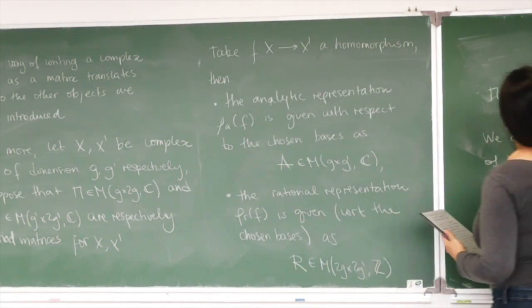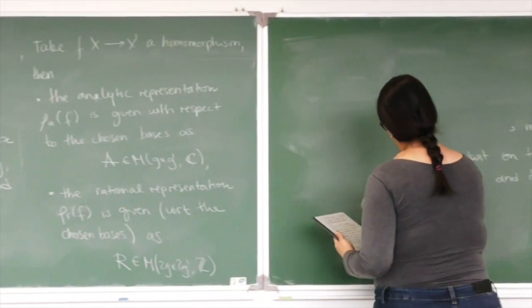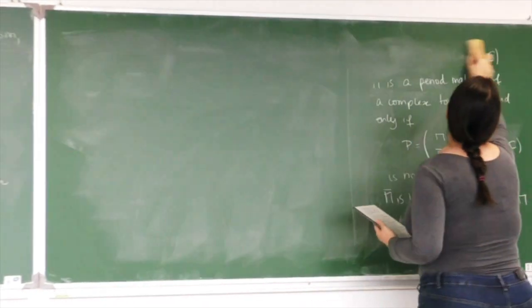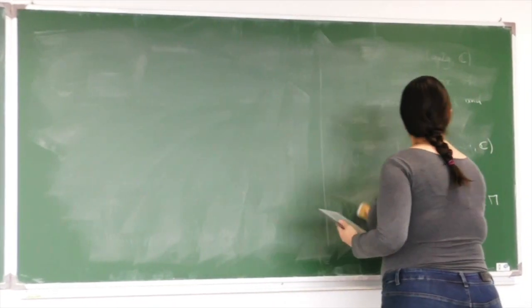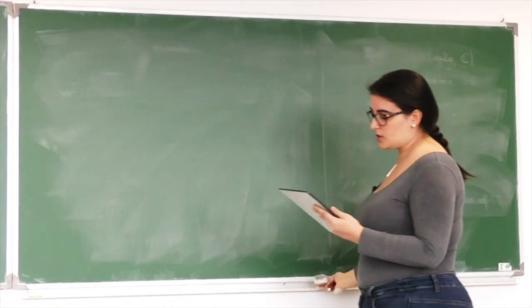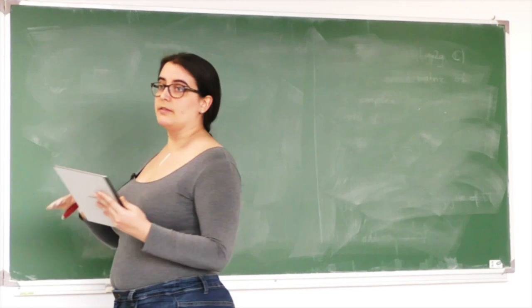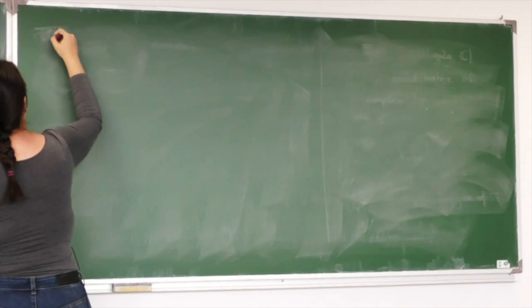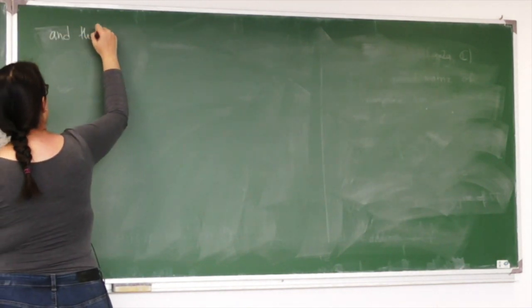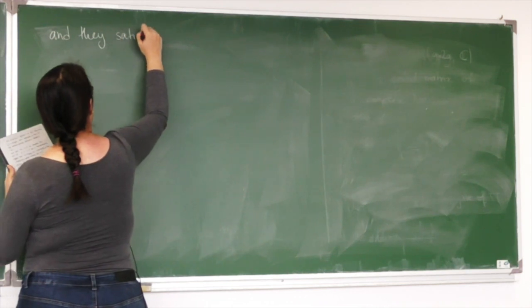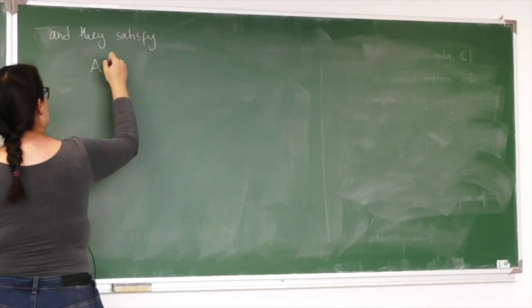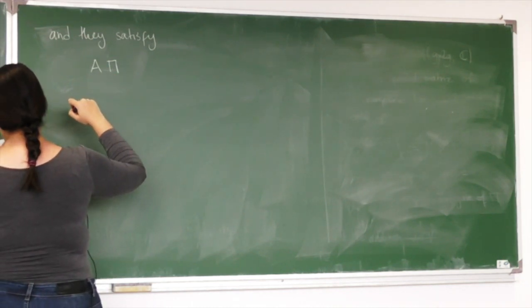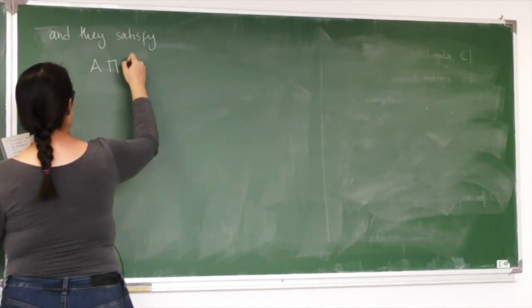And we had the condition that this representation had to respect the group structure, and in the case of matrices that becomes a very simple matrix equation, which is that A times the period matrix on the left.